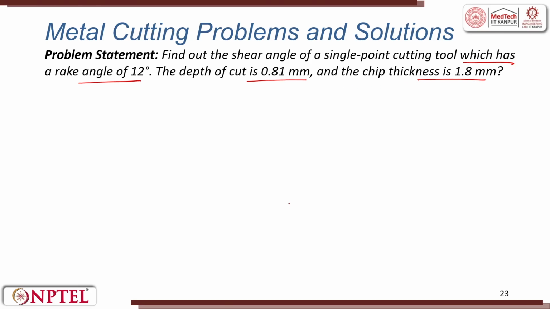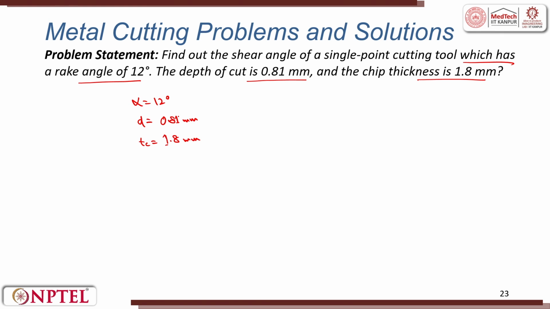We have been given alpha is equal to 12 degrees. We have also been given the depth of cut D is equal to 0.81 millimeters, and we have been given the chip thickness as Tc is equal to 1.8 millimeter.